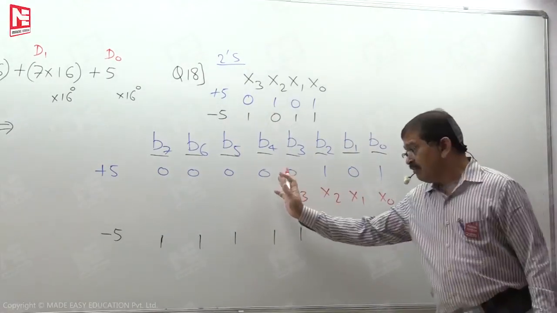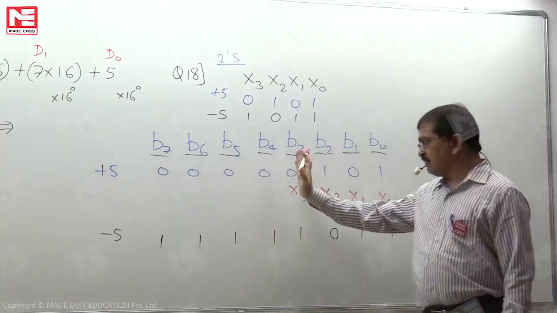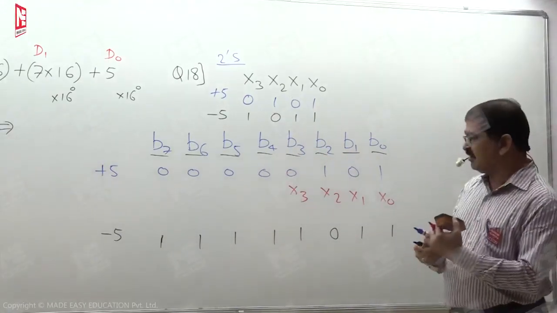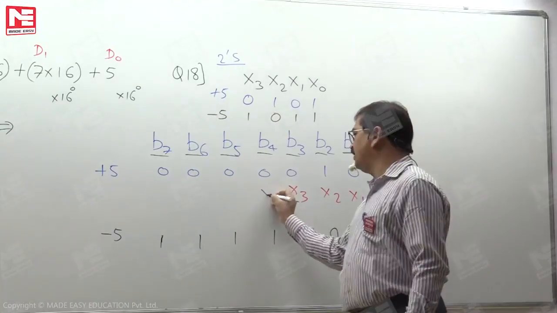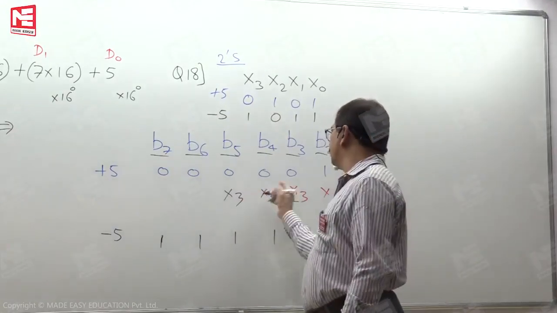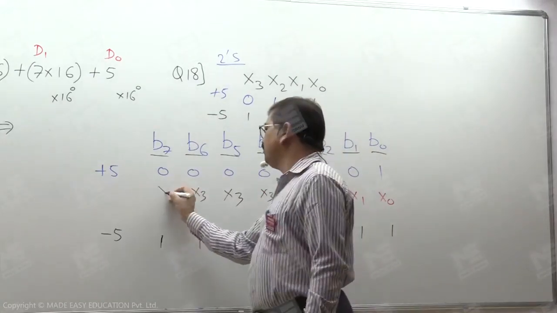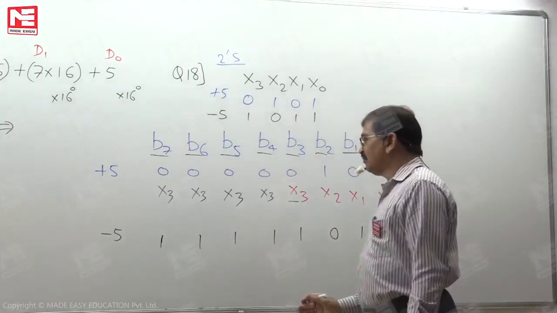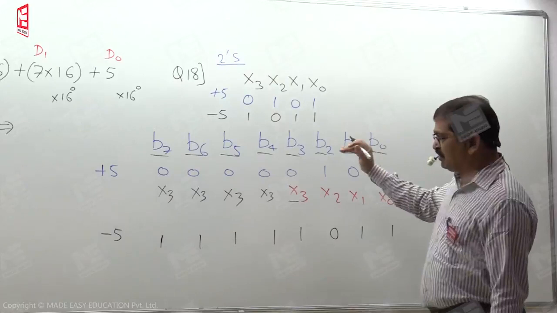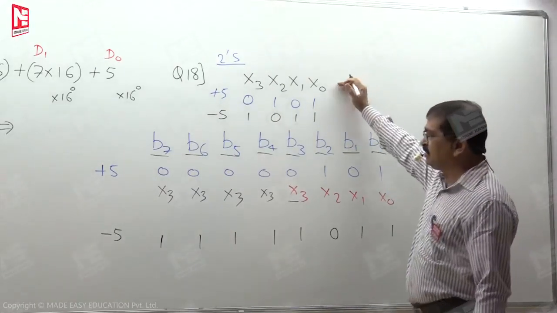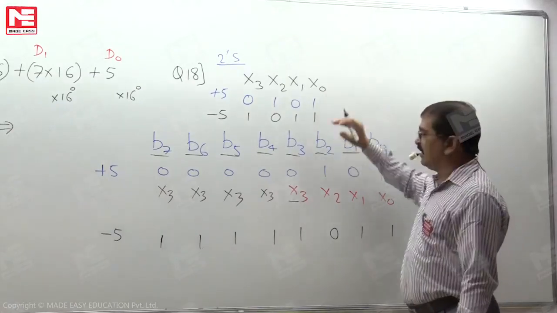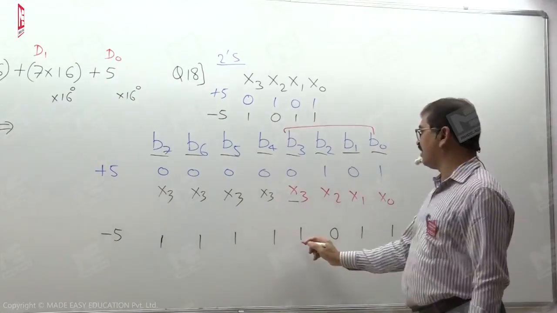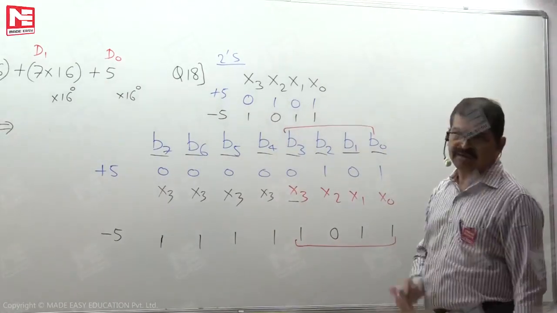The most significant remaining bits of this 8-bit number are B4 to B7. In these most significant bits, the x3 bit is copied. If x3 is 0, 0 is present here. If x3 is 1, 1 is present in the remaining 4 bits. The least significant 4 bits, B3 to B0, have the data as it is of the original 4-bit number.